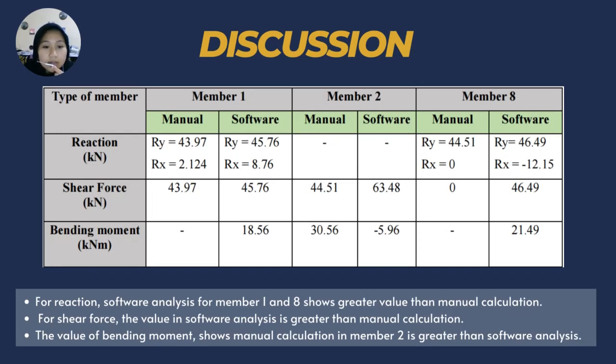On member 8, the value for the manual calculation is 0 as there is no consideration of vertical loading on this member, thus the result gives a 0 answer. And last but not least, the value of bending moment shows the manual calculation in member 2 is greater than the software analysis. This is because in the manual calculation we use and consider the plastic analysis method, thus giving a greater value of moment on member 2.